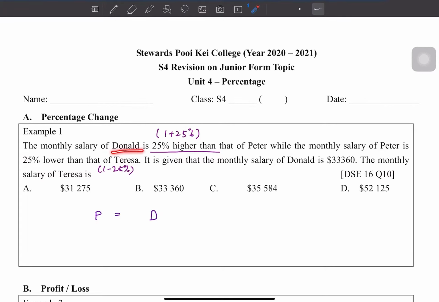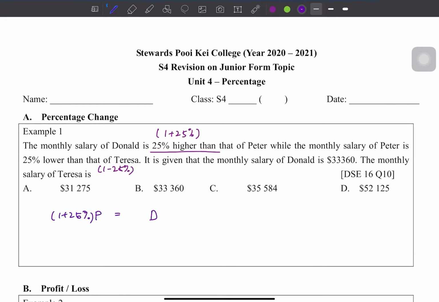Because the monthly salary of Donald is higher than Peter, we cannot multiply 1 plus 25% on the right hand side, because this one is greater than Peter. So I can set up the first equation. I will try to use logic to set up the equations.